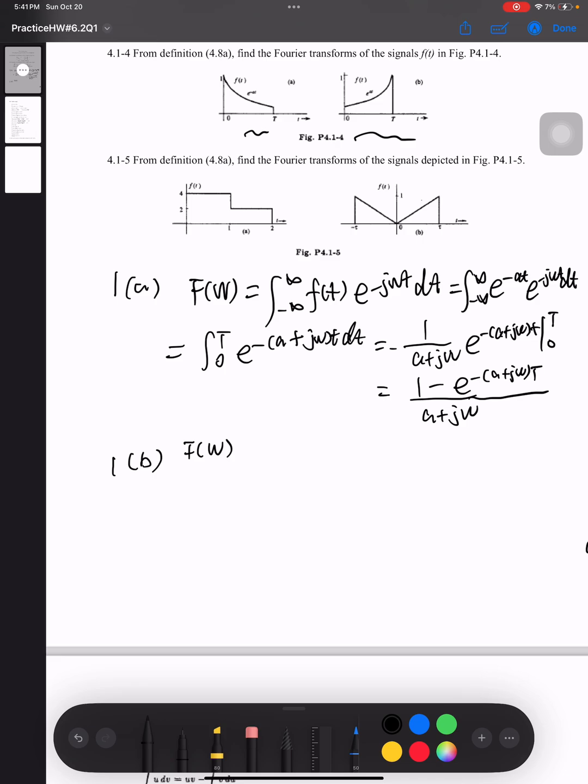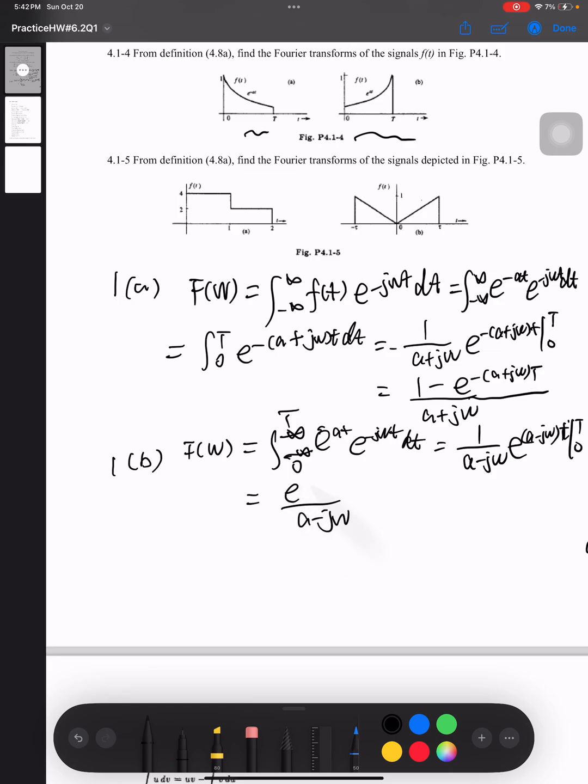So let's directly write the integral of e^(at) e^(-j omega t) dt, and of course from 0 to capital T. Then we get 1 over (a minus j omega) times e^((a minus j omega)t) from 0 to T. So we can directly get it, and we just put the capital T in place of the small t, minus 1.